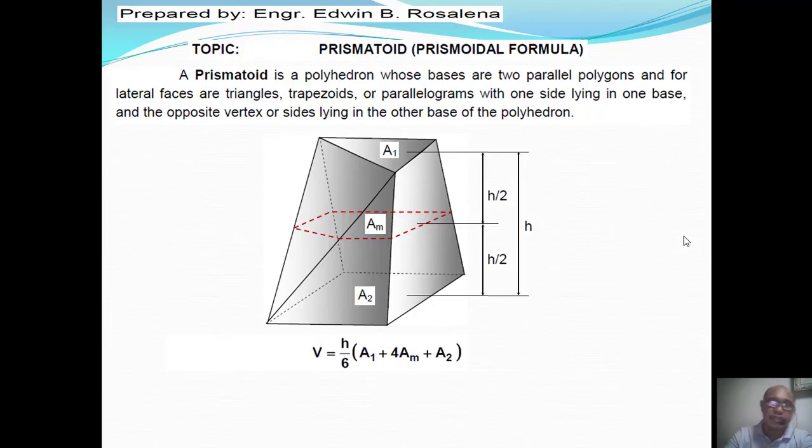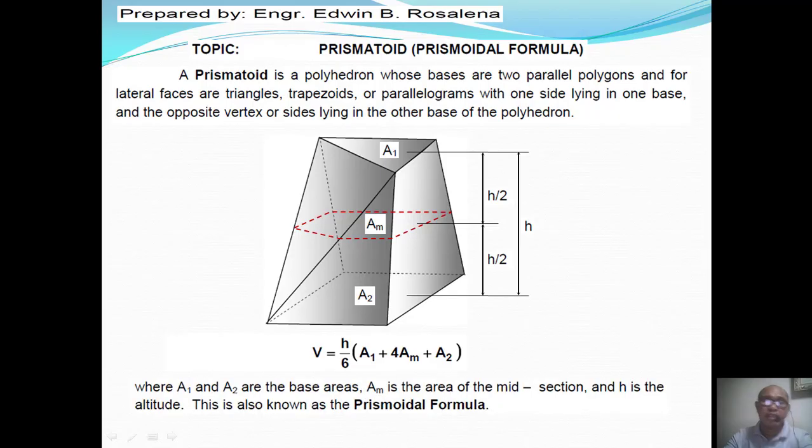The formula is this: h over 6 times area 1 plus 4 times area of the midsection plus area 2. Here h, area 1, area 2, A sub m is the area of the midsection. So if we have a solid that meets this situation, and you are asked for the volume, then we can simply use this formula.